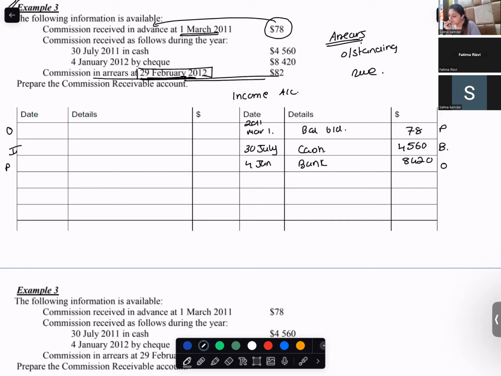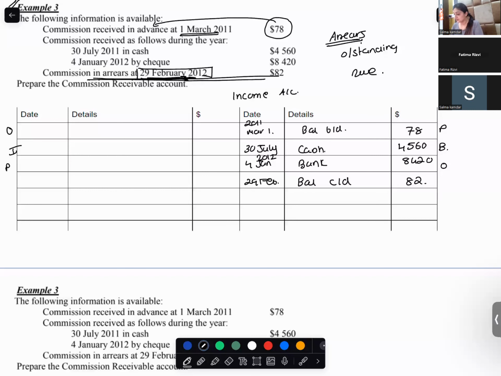On the debit side. Read this properly. Outstanding on which date? 29 February 2012. Is that first date or last date? Last date. Outstanding on the last date will come on the credit side. What will I write? Balance closed down 82. So you need to first understand very carefully whether it is first date or last date. You need to know your format very properly.